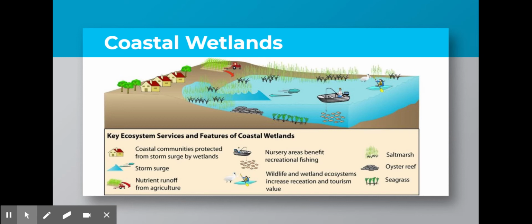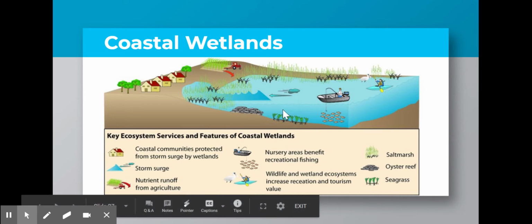They collect nutrient runoff from the agriculture. There also tend to be nursery areas for different fish and wildlife. The wildlife and wetland ecosystems are really, really vast and varied, and they provide excellent recreation.